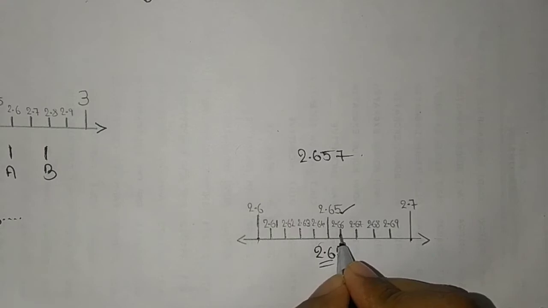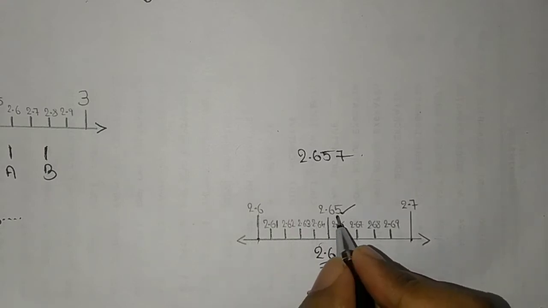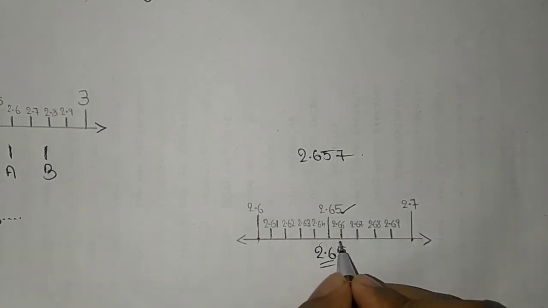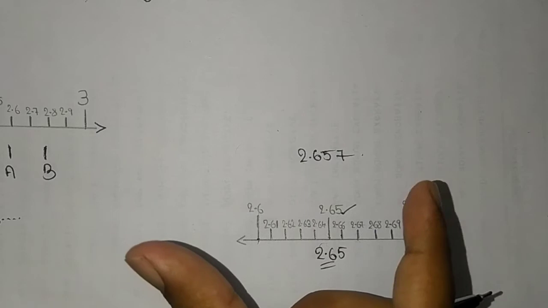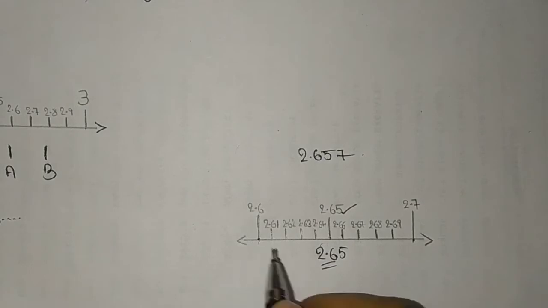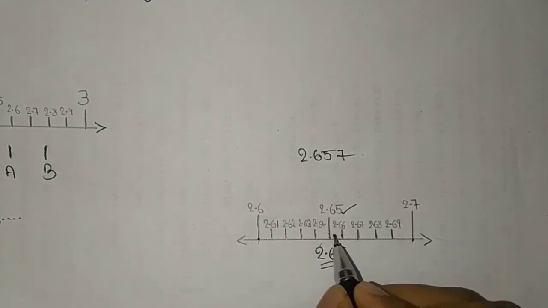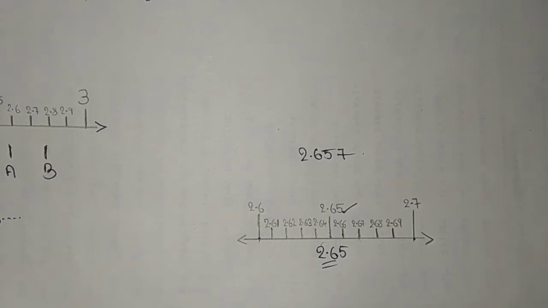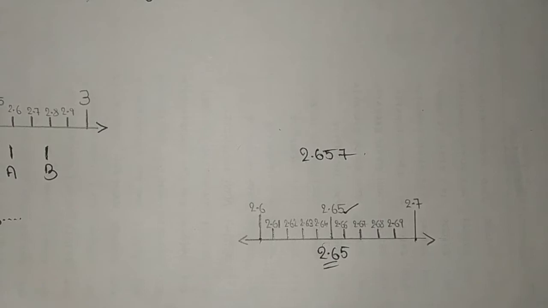You know 2.657 lies between 2.65 and 2.66. Take 2.65 as A and 2.66 as B. Zoom again and divide it into 10 parts, and you will get 2.657 in that image. This is so simple. So I dealt with a single example.